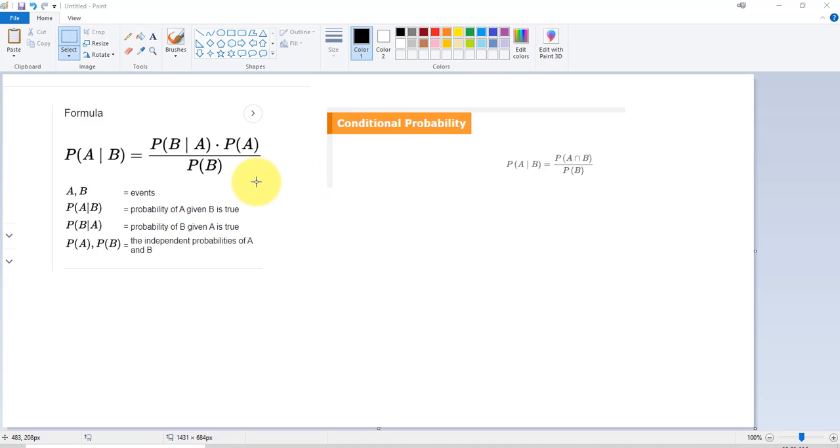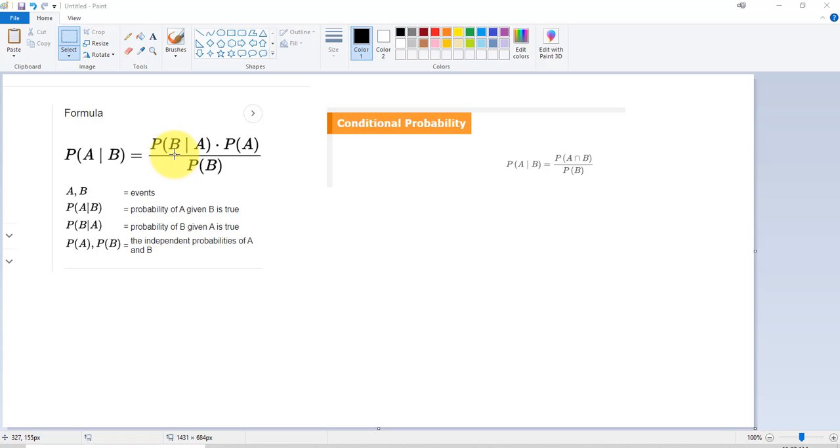Let me just give you a simple way to think about it. Here we have something like the probability of A given B, and here we are able to switch that. Now, you might wonder, what's the point of that?